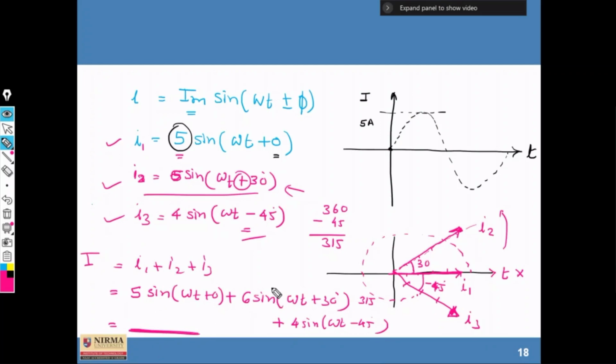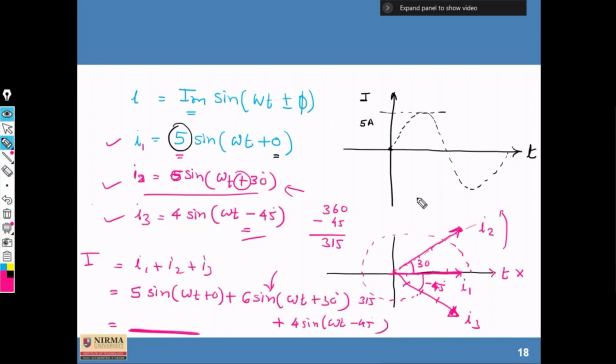Here we need to solve sine alpha plus beta and sine alpha minus beta, and we should know the conversion of these. But there is another method which we are going to follow today, and we are going to solve some addition and subtraction. Similarly, we can have vector multiplication and division also.